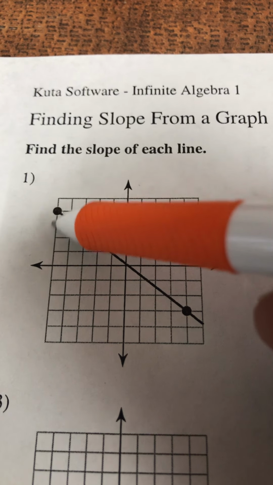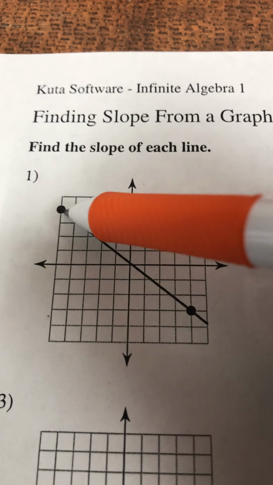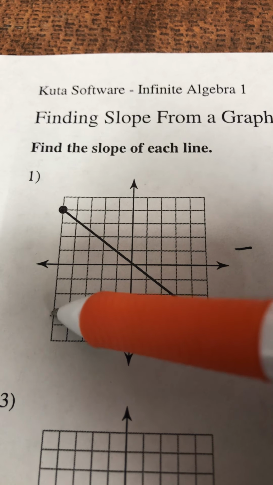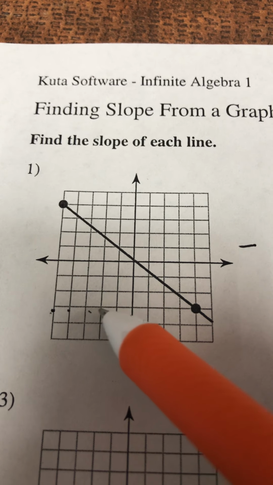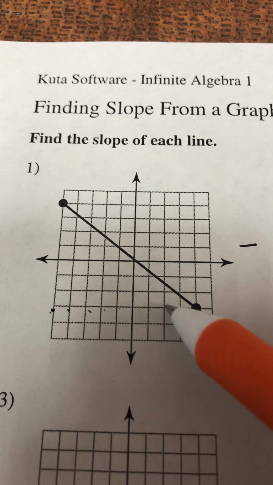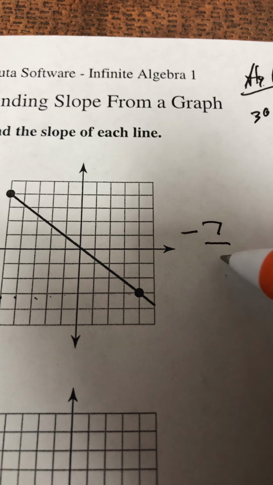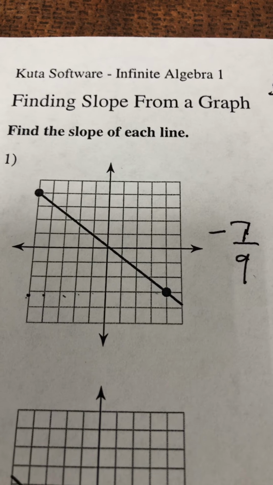It's not rising, it's going down over the run. The run is from left to right. So it goes down 1, 2, 3, 4, 5, 6, 7, and it goes over 1, 2, 3, 4, 5, 6, 7, 8, 9. So it's down 7/9. That just becomes negative 7 over 9.